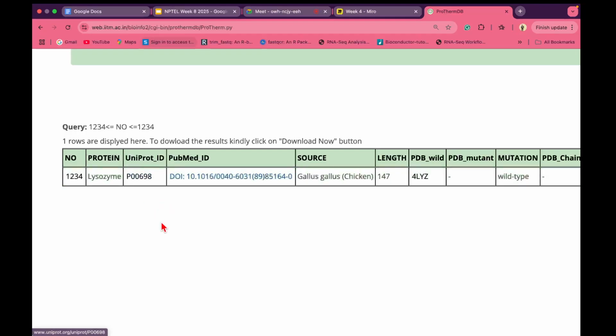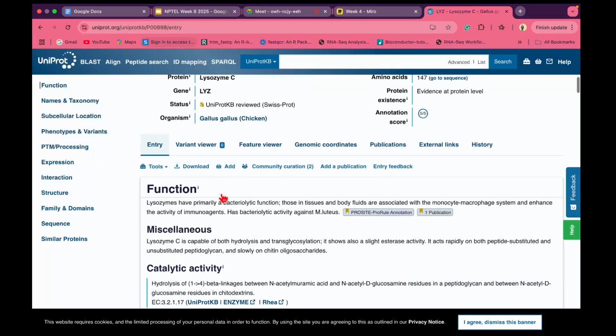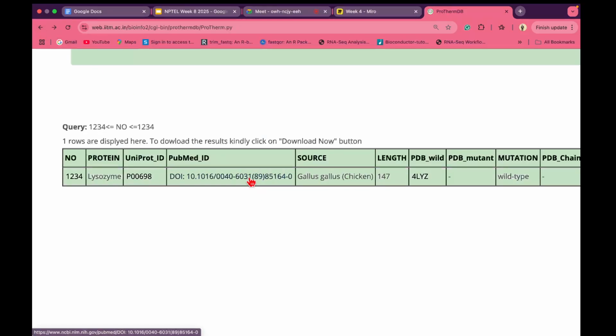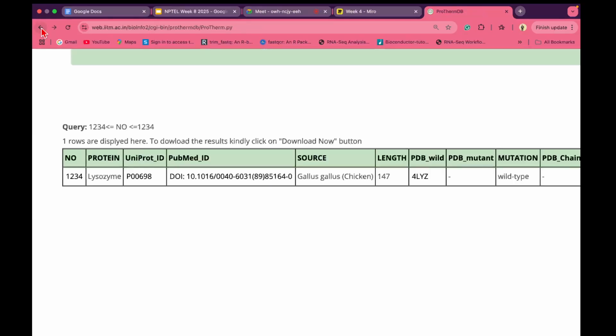If we hover our cursor on UniProt ID and click, the page automatically gets redirected to the UniProt page, and other information regarding the names and taxonomy, subcellular localization, phenotypes and variants, expression, structure and family and domain information could be obtained. Similarly, if you want to know the thermodynamic experiment behind it, one can select the DOI of this.